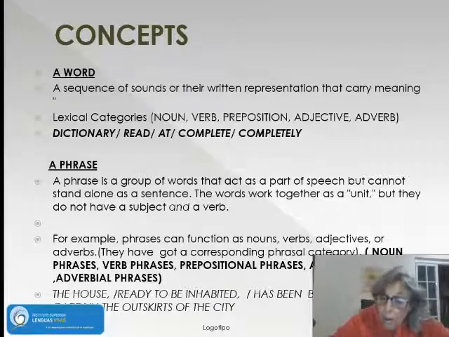So, in the outskirts of the city is an adverbial phrase in function, but a prepositional phrase in structure, because it begins with the preposition in.